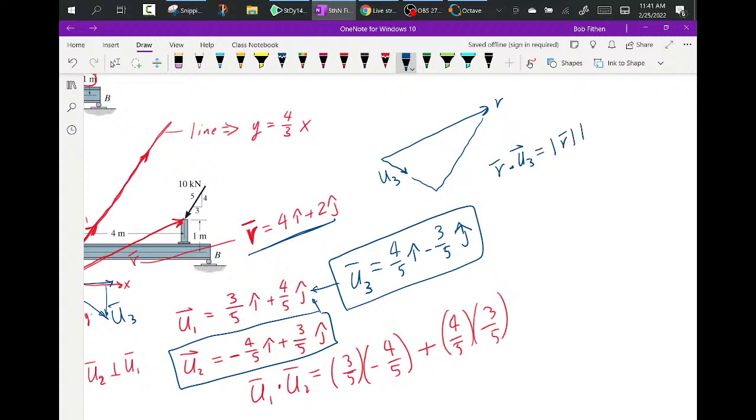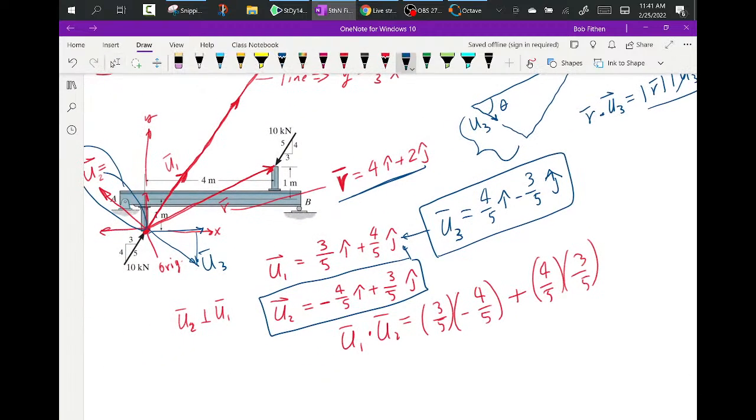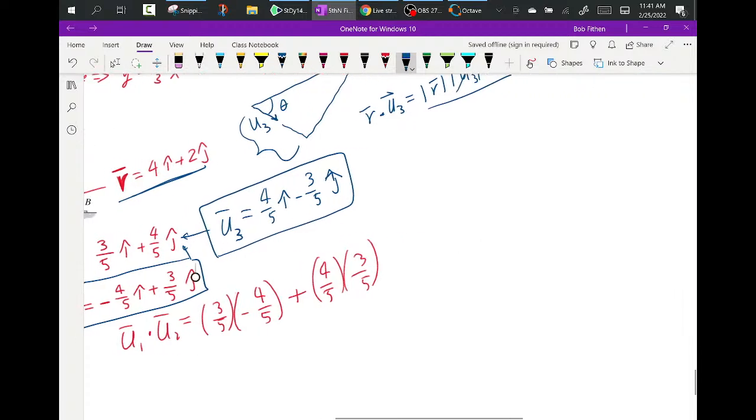A length of r, length of u3, cosine of the angle between them. So in fact, this is nothing but 1. So this becomes the distance right there. Well, if that's the distance, that's the same distance as the triangle here and the triangle here.